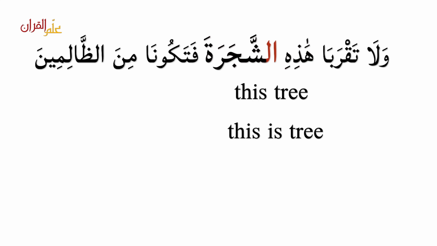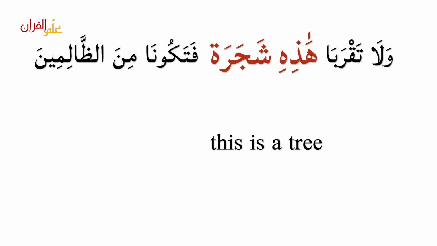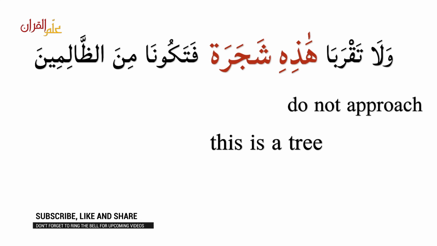If you take out the alif lam, it will be هذه شجرة, this is a tree. If you read ولا تقربا هذه شجرة, do not approach, this is a tree. So the meaning changes.